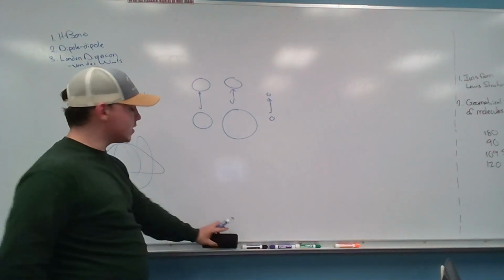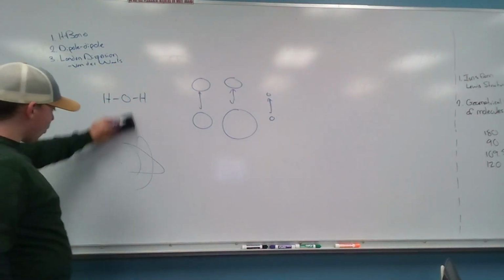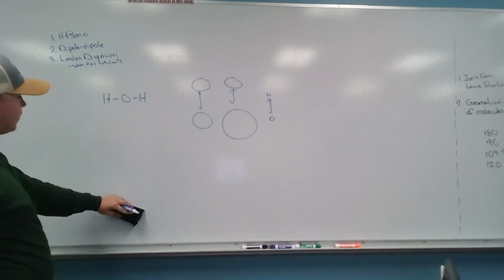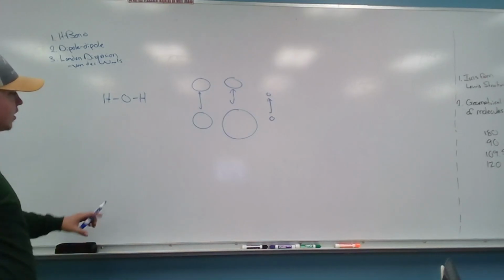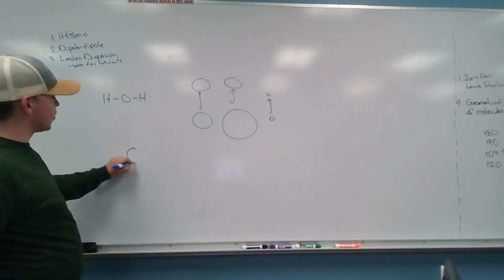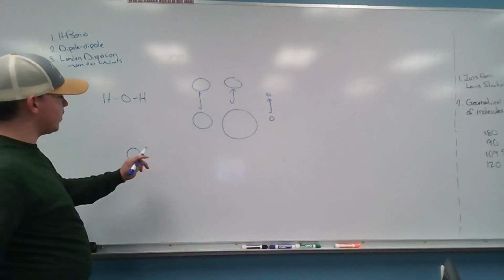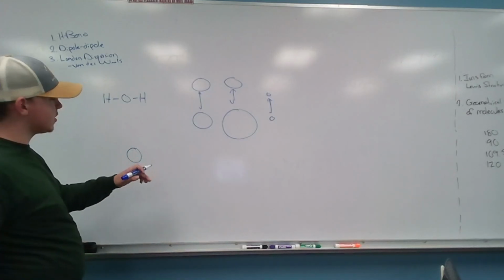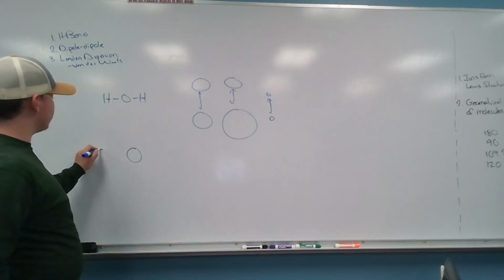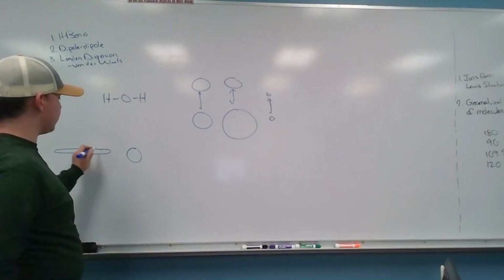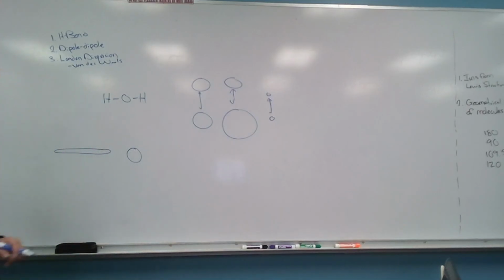Another note about the form of these London dispersion forces is that spherical molecules, even if they have the same mass, will not have the same London dispersion force as an elongated molecule.